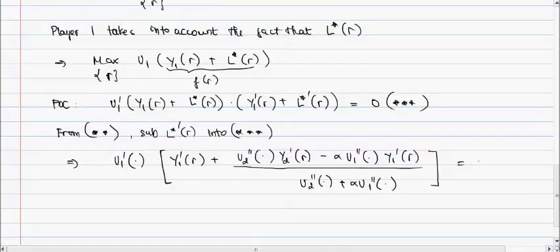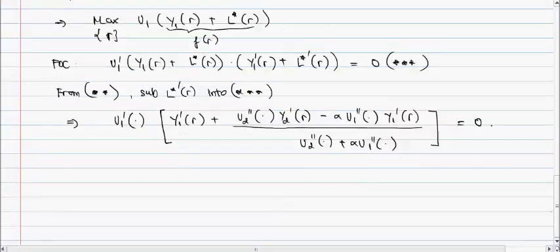Okay, and that will have to be equal to 0. Alright, so from here, I would like to simplify this a little bit.